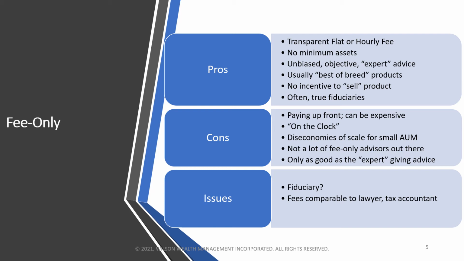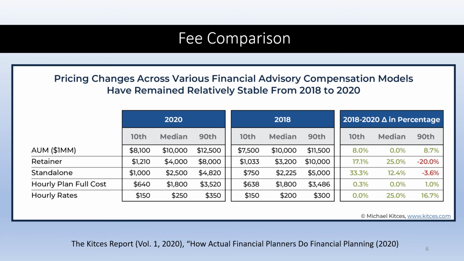So you're going to see a lot of variance in that. So I would sort of go back to, in your local area, what does a competent estate lawyer or a tax accountant charge? And then figure out where the advisor is in that sphere. Here's a fee comparison, also from Kitces. And again, that's that $250 hourly median in 2020.